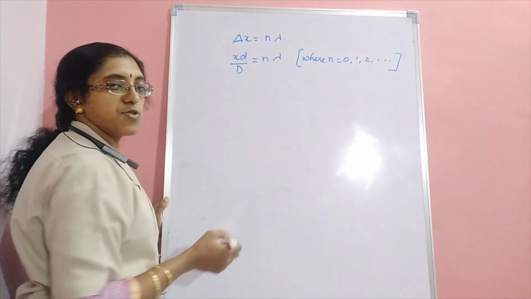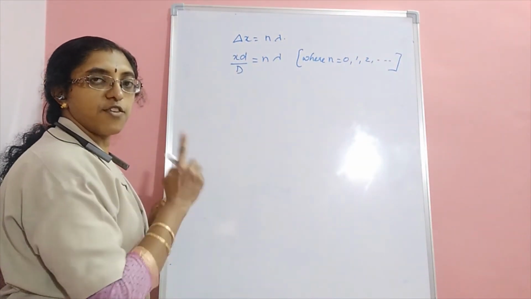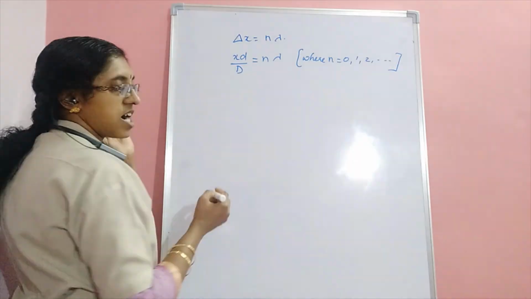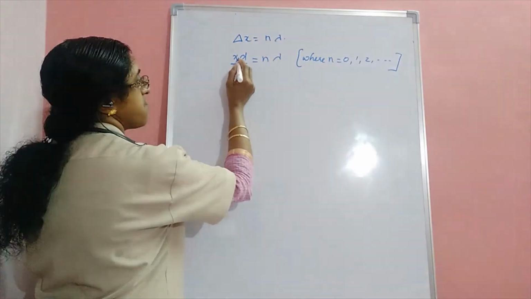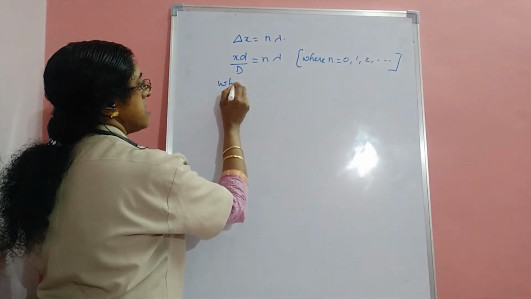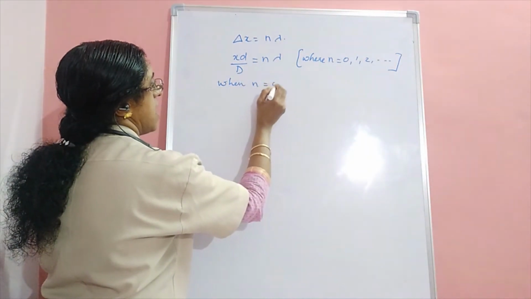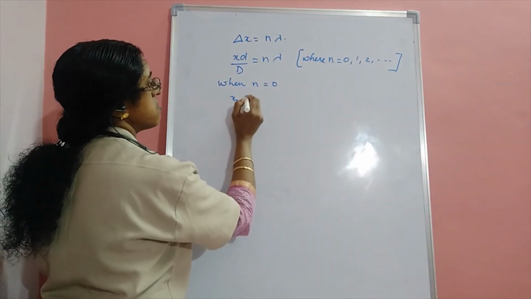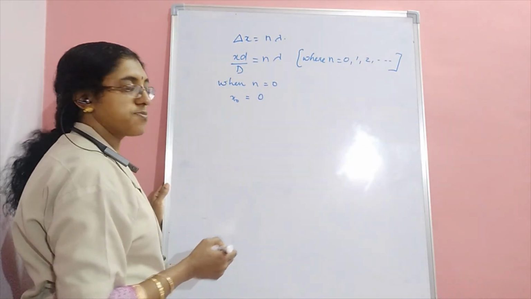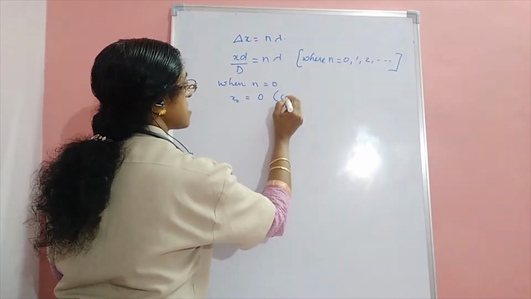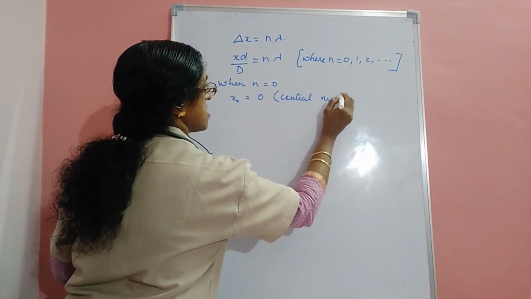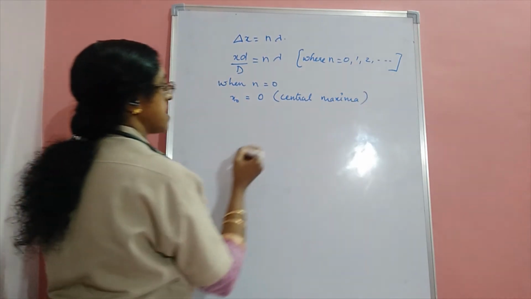Now x is the position on the screen which we have already shown in the figure. When n starts from 0, I get the first position on the screen, x0 is equal to 0. That is the first position, which is called the central maxima.